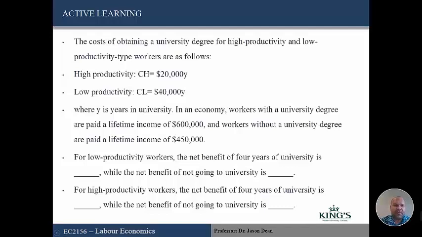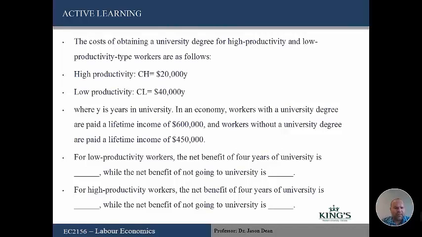Okay, let's do some practice questions. Here we have two individuals, high productivity and low productivity. Their costs are as follows: 20,000 times Y, 40,000 times Y. Y is years in university. Workers with a university degree have a lifetime income of 600,000, and workers without a university degree have a lifetime income of 450,000.